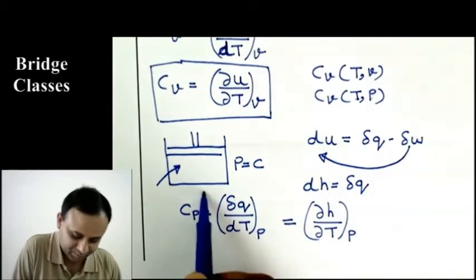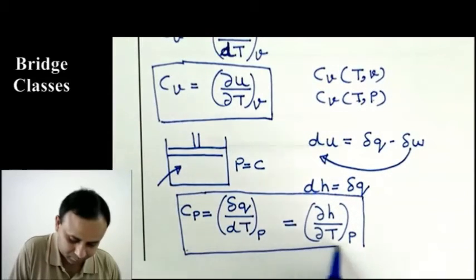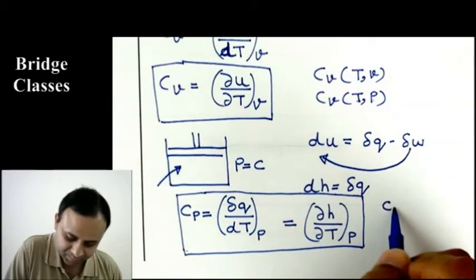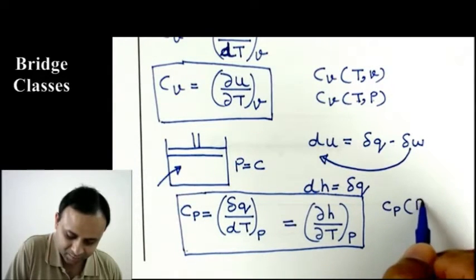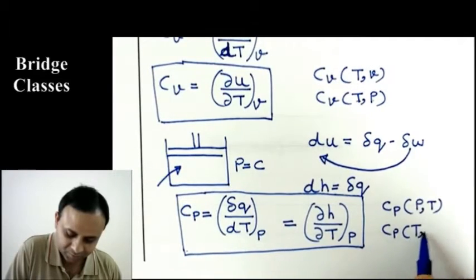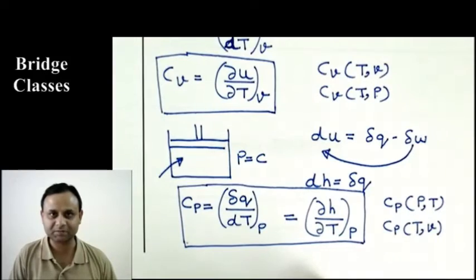Okay, so that is CP. And this is also a property. So you can write CP as a function of pressure and temperature, or as a function of temperature and volume. So these are specific heats.